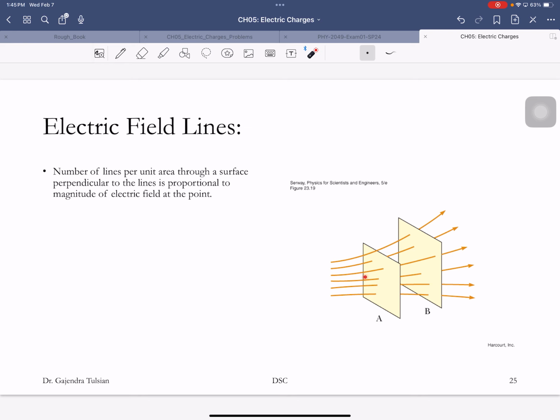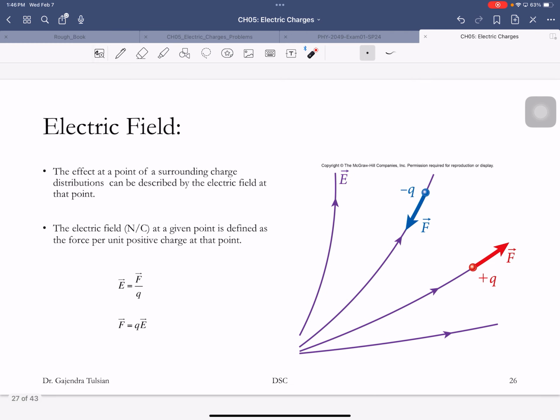The strength of the electric field at a location is conveyed by drawing a larger line density. If you want to indicate a stronger field, you just draw more lines. If you want to indicate a weaker field, there are fewer lines per unit area. So the density of lines conveys the strength of the field.